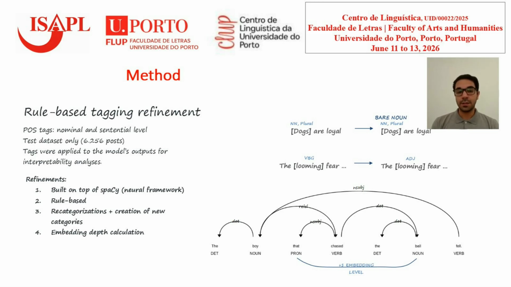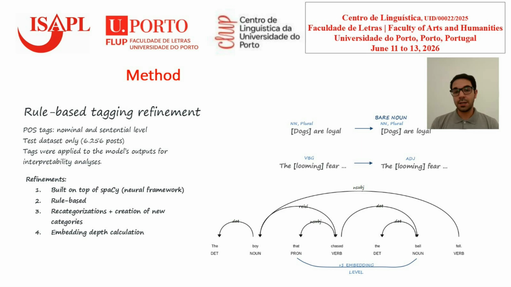Apart from that, we also added external rules to spaCy's inherent classifications to create more categories or refine categories. For example, spaCy does not have a representation of bare nouns, but bare nouns were interesting to us. So we added external rules to check sentence structure and nominal structures and create this new category called bare nouns.